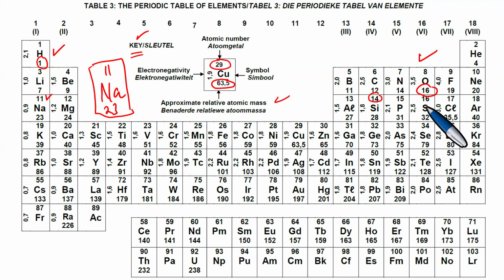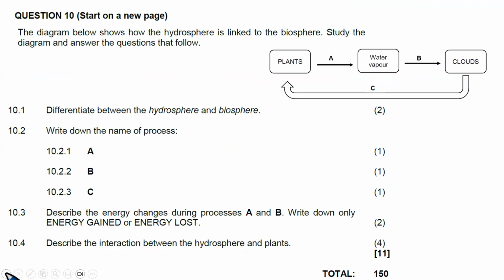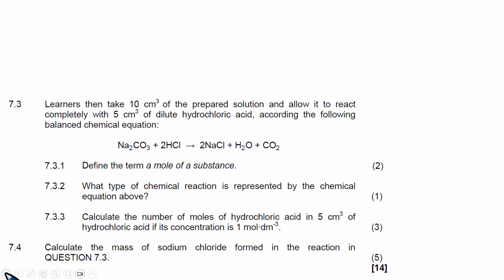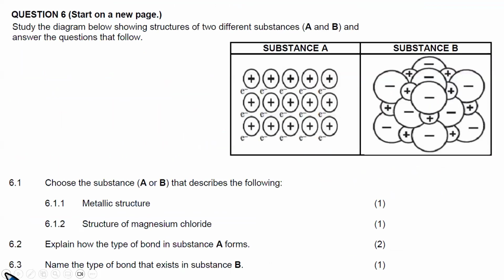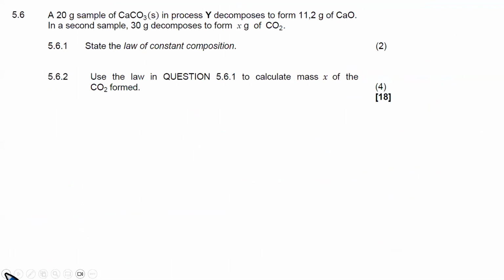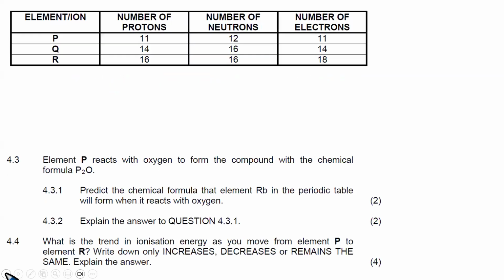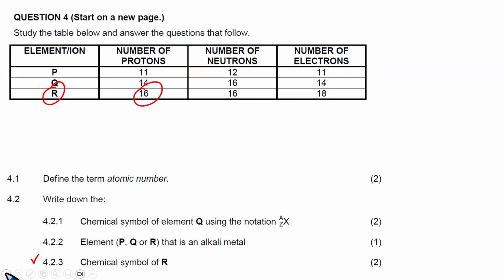So it's 16 sulfur, 32 is the relative atomic mass. So 16 sulfur, 32. So we're going to note that one here. So we saw that therefore you have 16 sulfur 32.